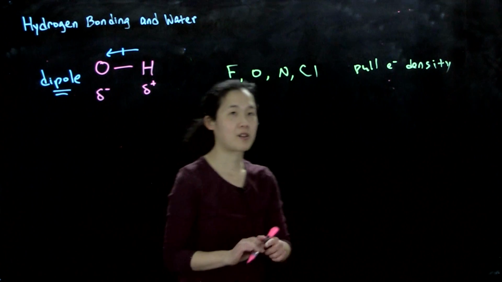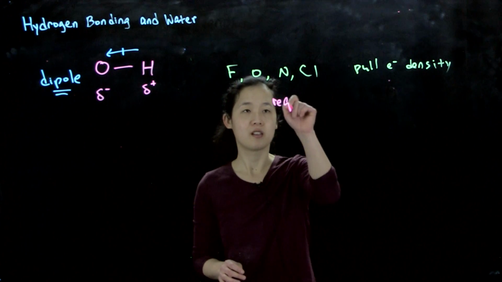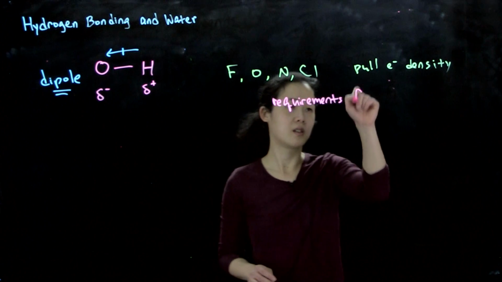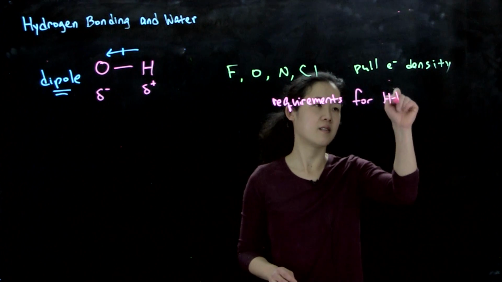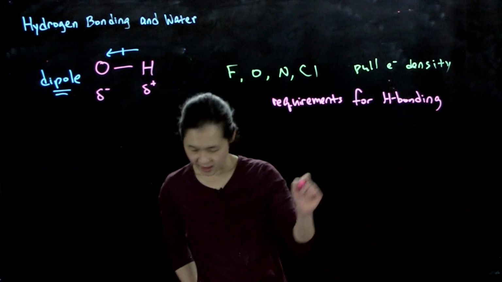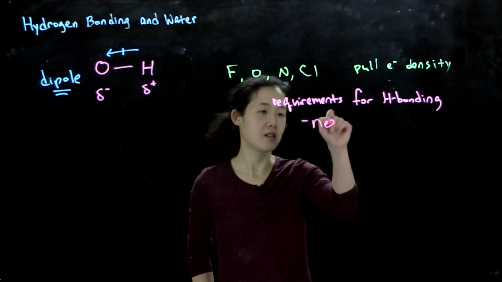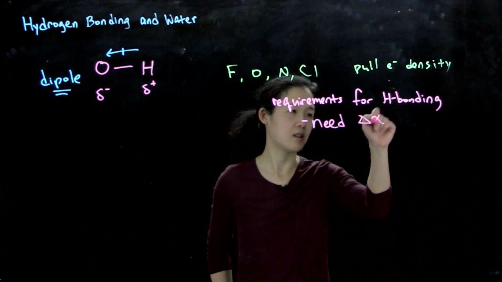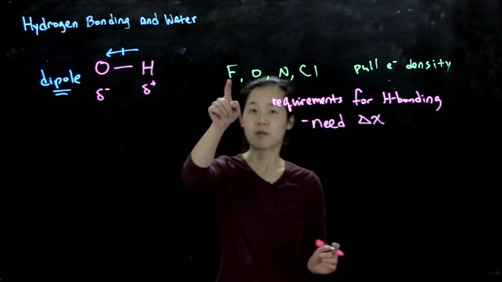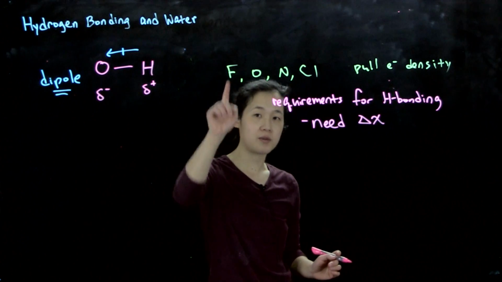So let me quickly put the requirements for H bonding. We need a big delta chi. So again, these are the very electronegative atoms, so the delta chi between hydrogen and these atoms is big.